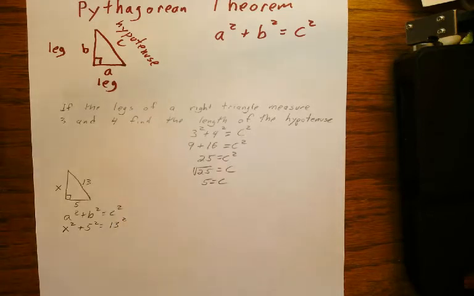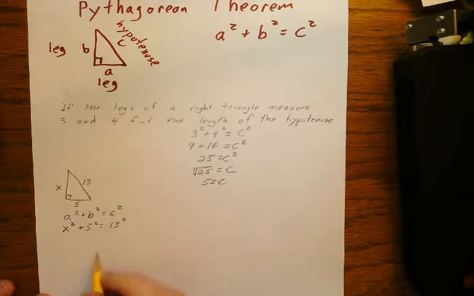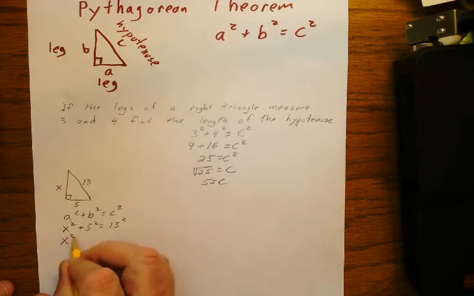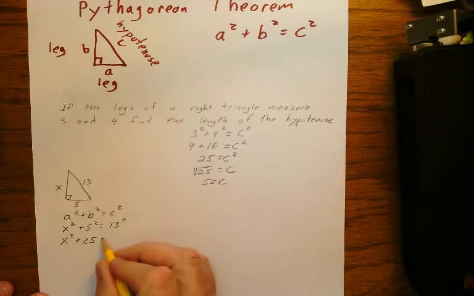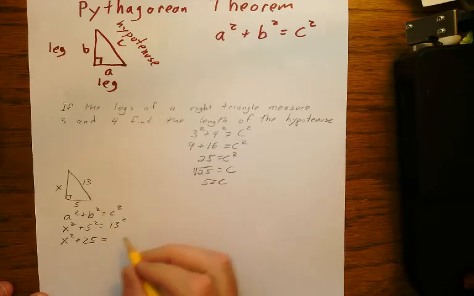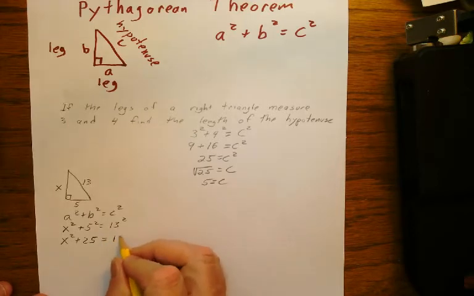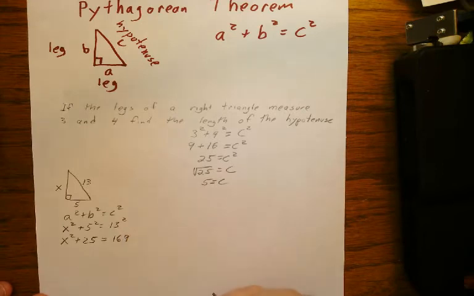When you're plugging into the Pythagorean theorem, it doesn't matter which leg gets plugged into which, A or B. Just as long as the legs are A and B and the hypotenuse has to be C. Okay, we're going to keep the x squared. 5 squared becomes 25. 13 squared, if you use your calculator or if you know it, is 169.